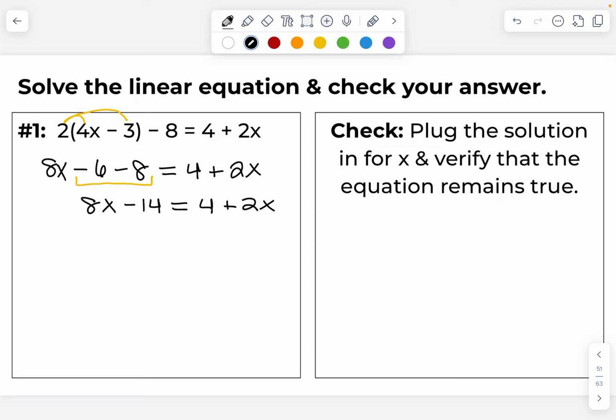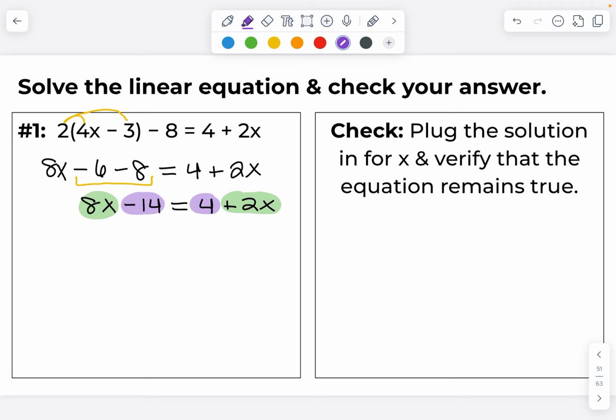Now I've simplified both sides, and the reason I know that is because I have an x term on both sides, and a number value on both sides. So what I need to do is get my x's to one side and my numbers to the other, because then I can solve for x.